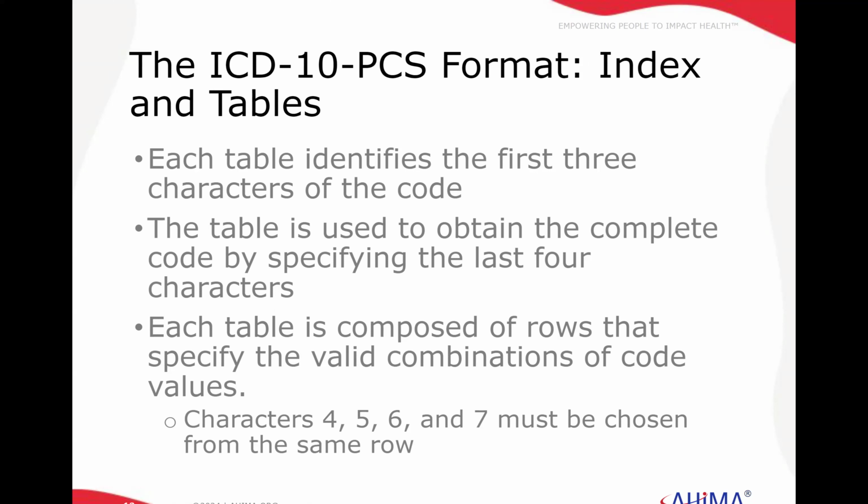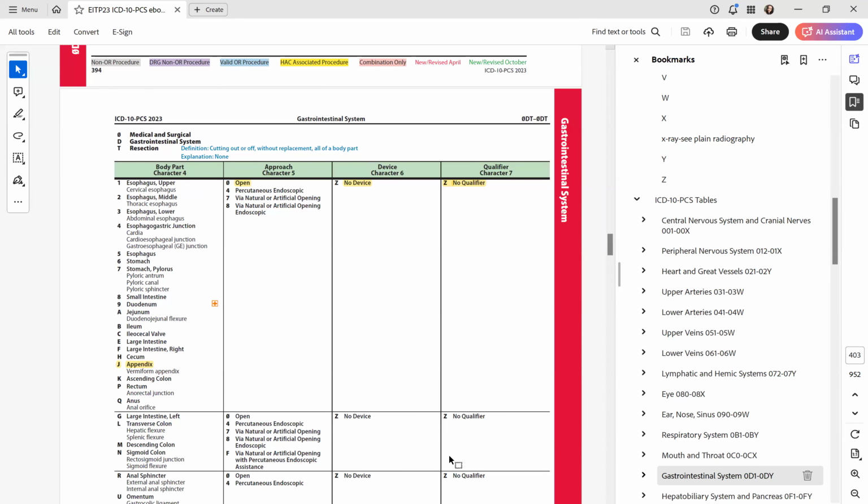How does that look in the code book? You can see here, here's our example. The first three characters, which we got from the index, are 0DT.